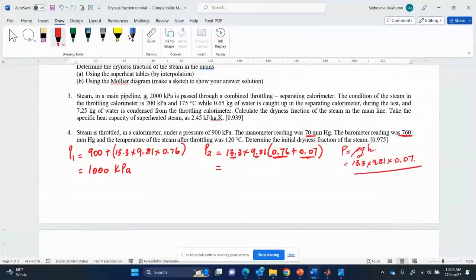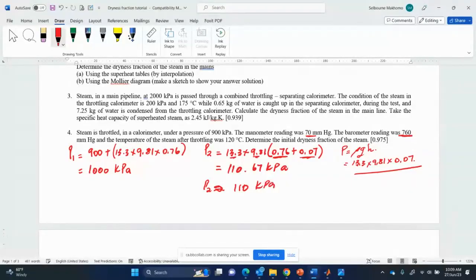There's a mistake here. 760 plus 70 divided by 7.5 is 110.67 kPa. But for making things easy, you can say that P2 is 110 kPa.